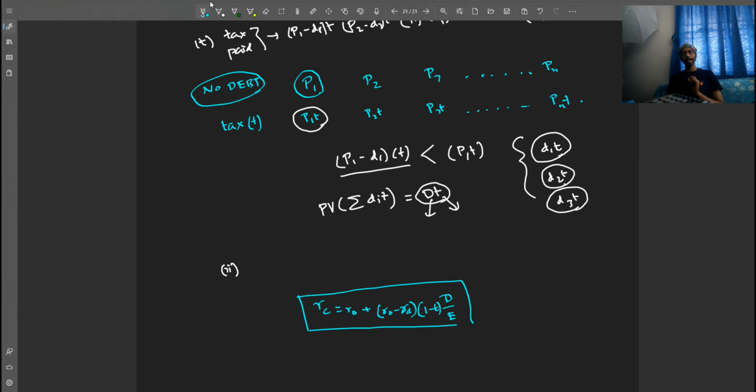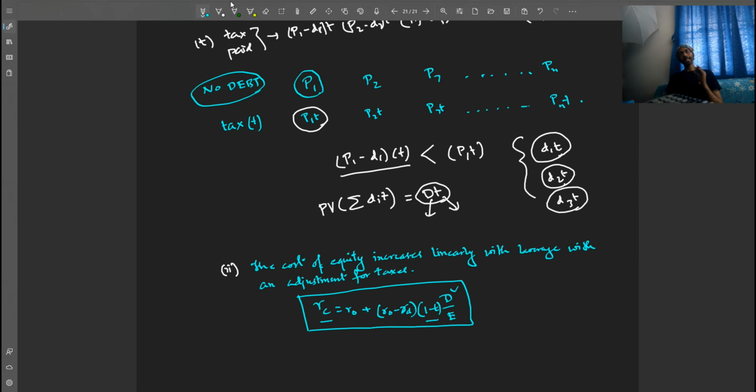So here we write the cost of equity is still a linear function of the leverage, with an adjustment for the taxes or the tax rate. Let me write it down. The cost of equity still increases linearly with leverage, but this time there is an adjustment for taxes.